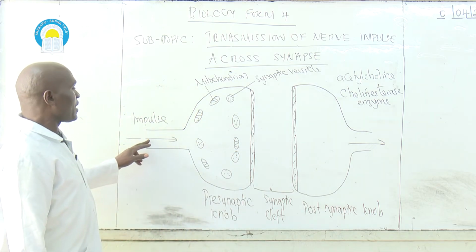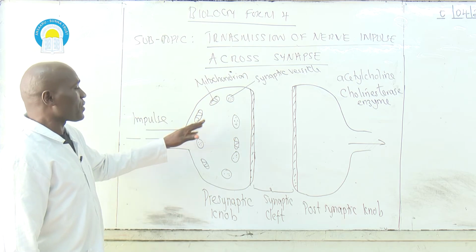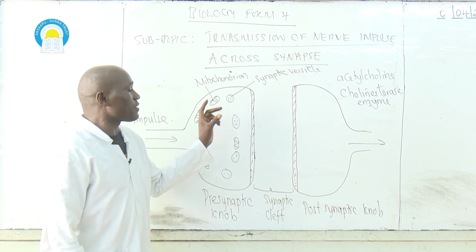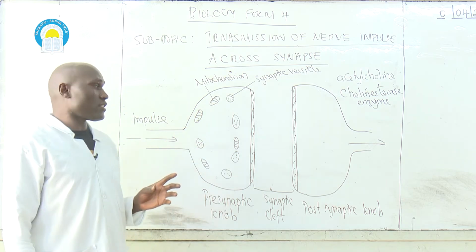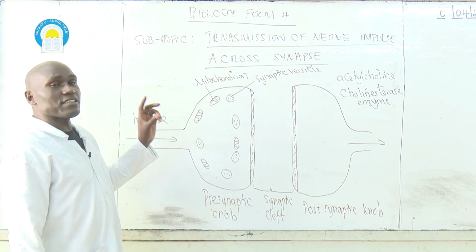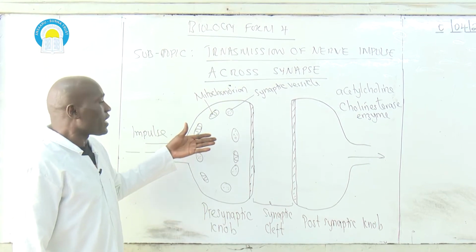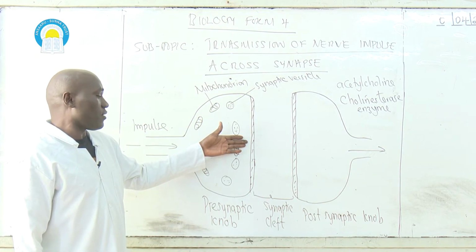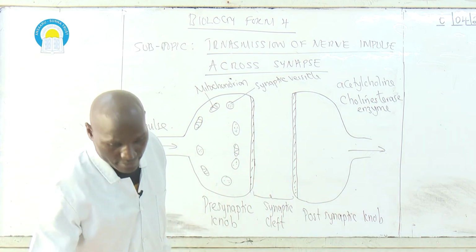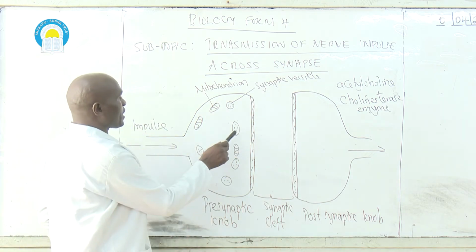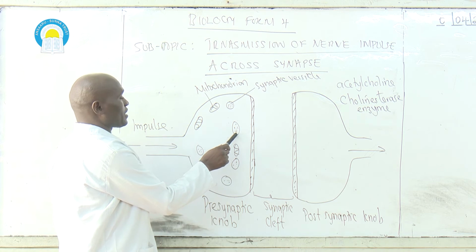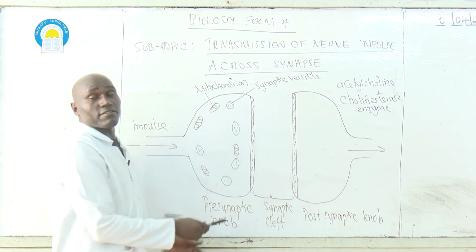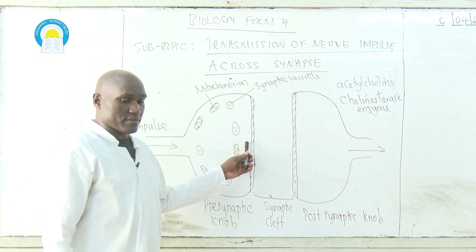When nerve impulse reaches presynaptic knob, one of the synaptic vesicles becomes activated. The activated synaptic vesicle will then move and attach itself onto the wall of presynaptic membrane. So if I take this synaptic vesicle as the one that has been activated, it will then move and attach itself onto presynaptic membrane.